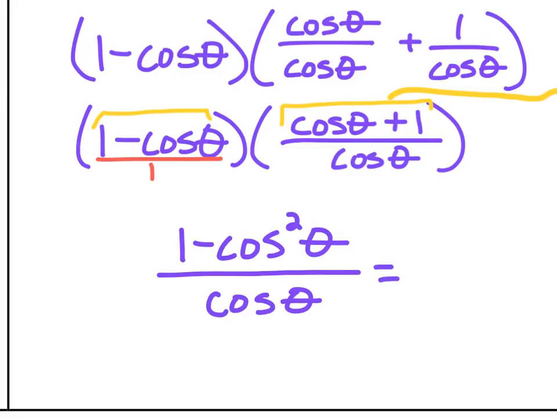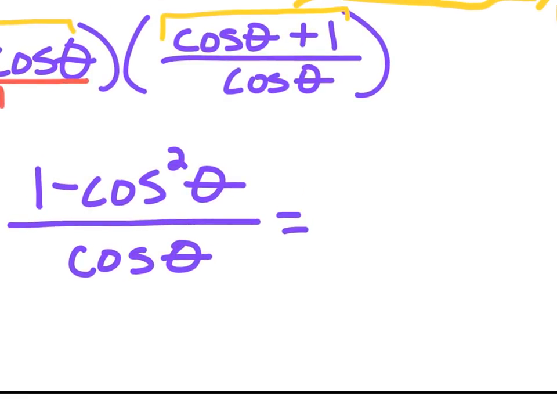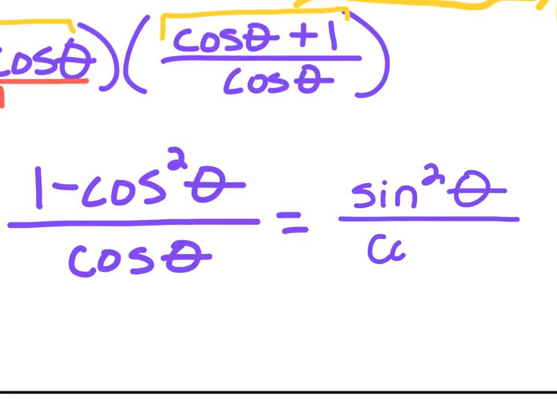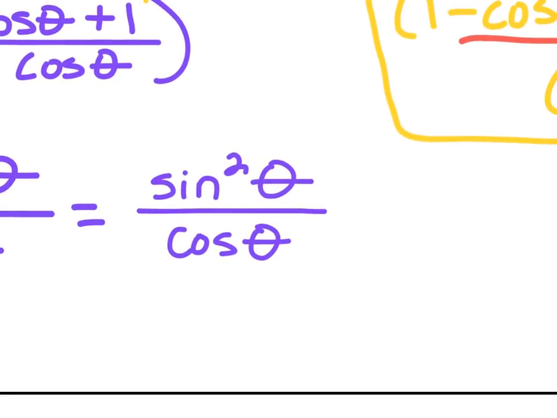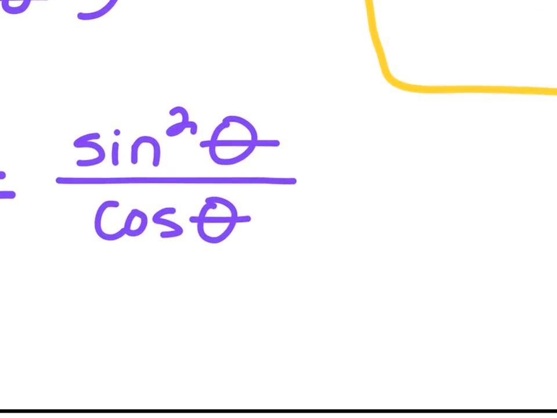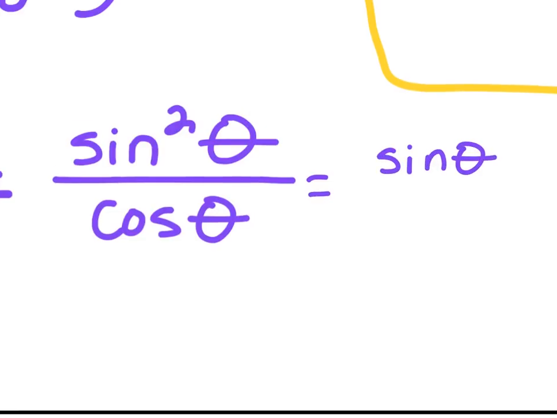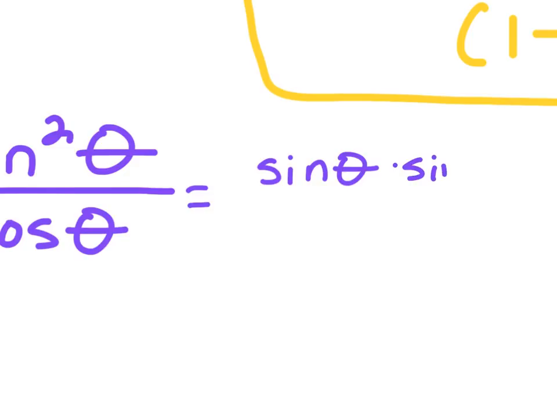Now I'm going to change the numerator, as we've done in several problems. I notice that 1 minus cosine squared is sine squared of theta over cosine of theta. And I find myself thinking, wouldn't it be nice if that were just sine over cos, because then I could have a tangent? Well, let's rewrite this, and instead of sine squared, let's make this sine times sine. So I'm going to write my numerator as sine of theta times sine of theta all over cosine of theta.